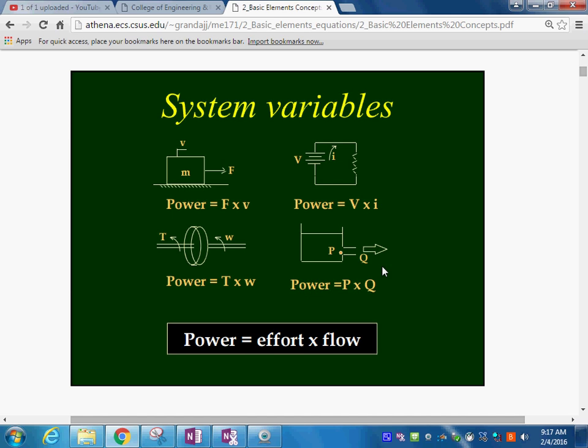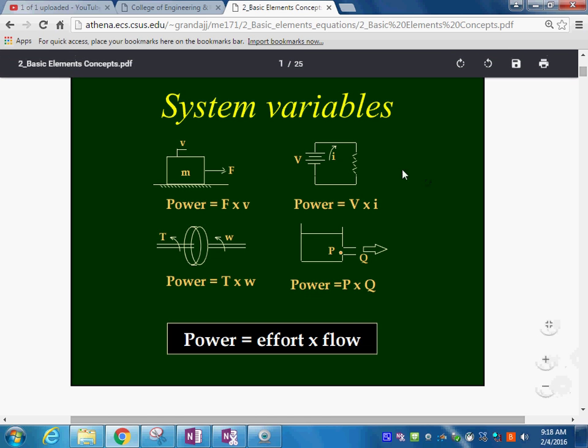So I think what would be helpful is if we take a couple of these systems and develop them completely. So I think what I'm going to do is I'll take a mechanical system and also an electrical system.